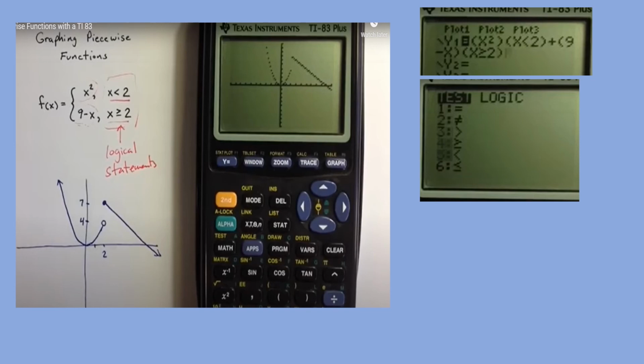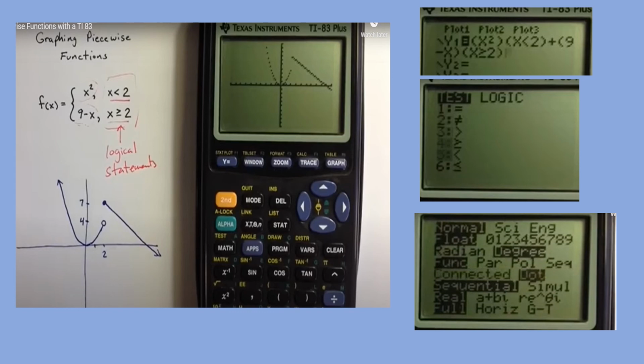Under Test, we can find all these inequality signs, greater than, less than, greater than or equal to, etc. We can make use of this, and in order to have a discontinuity, instead of taking this as connected, let us use dots so that there won't be any continuous curve there. You can see the gap, the discontinuity at the point 2 clearly.